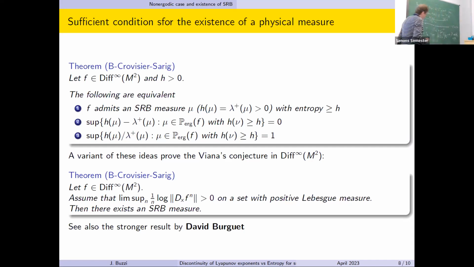Here you will have lambda plus something, and you will get an inequality like that.